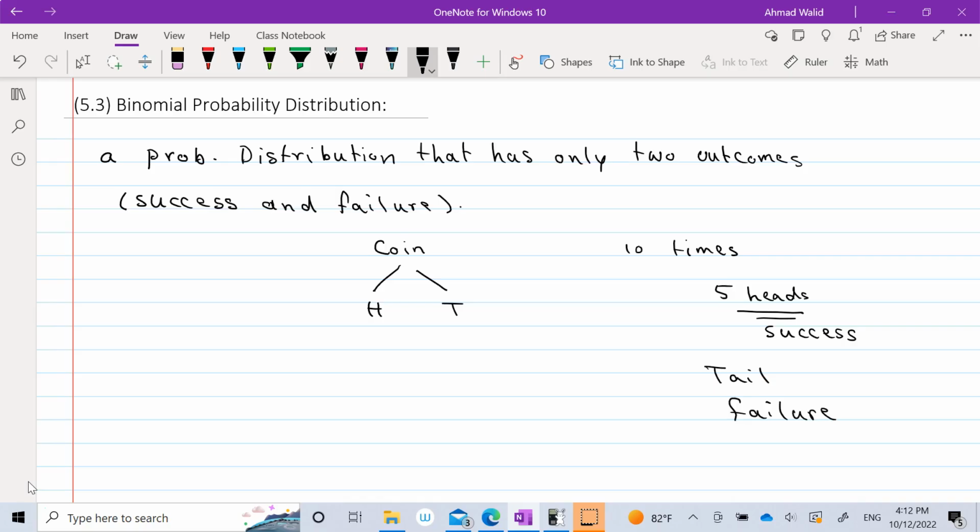Looking at these examples and the definition of binomial probabilities, we can change most of the probabilities that we learned up to now and call them binomial probability.